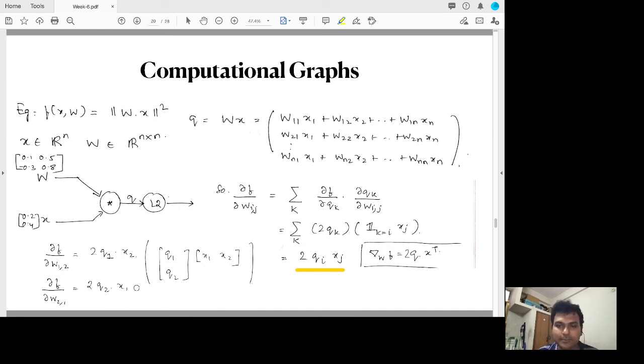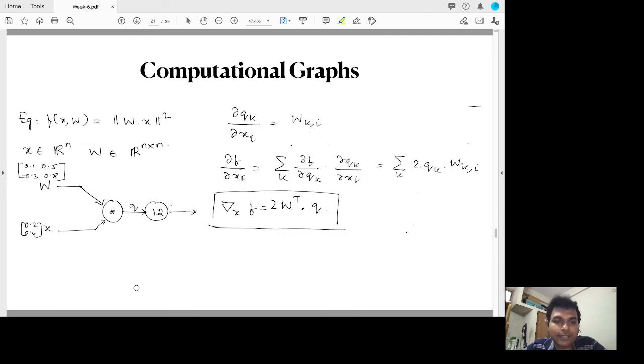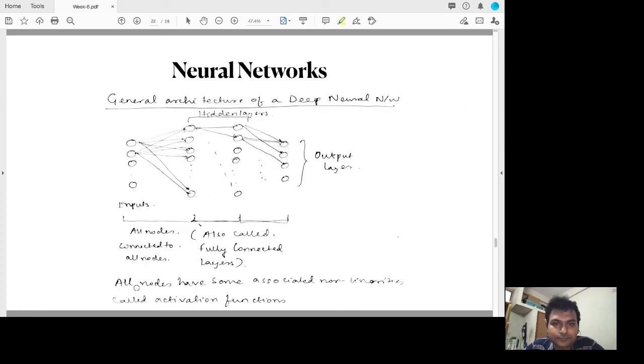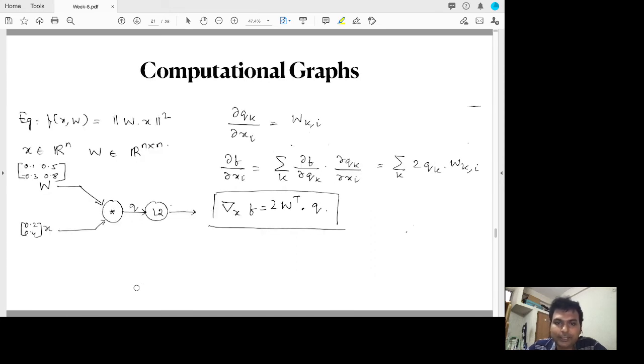I know that linear algebra is a roadblock here, but this is the way backpropagation is calculated for matrices. Similarly you will find a similar thing for dou f by dou x. I am not going into the details because this might be a bit difficult, so I am skipping these points. So finally, coming to neural networks: the vector and matrix notations are something you would need to understand in order to understand the backpropagation algorithm in neural networks.